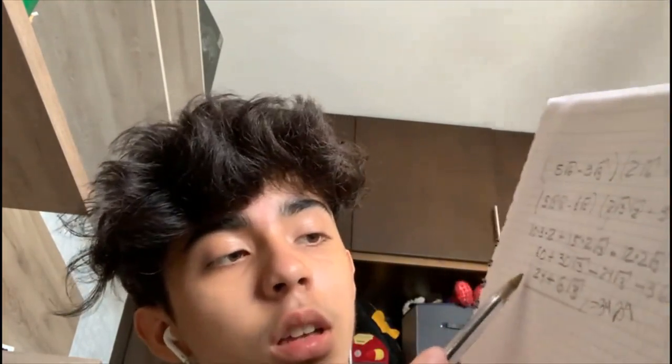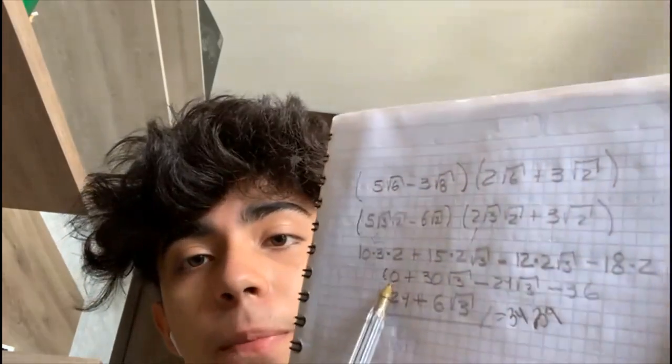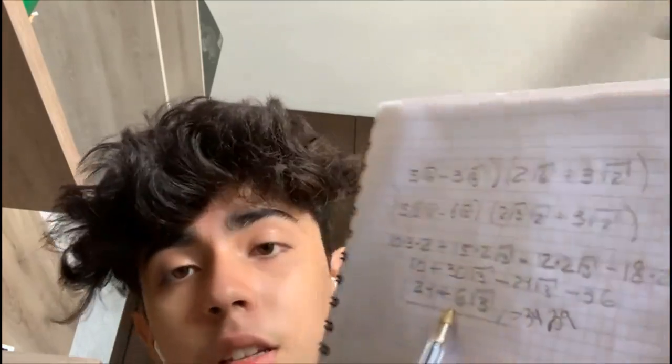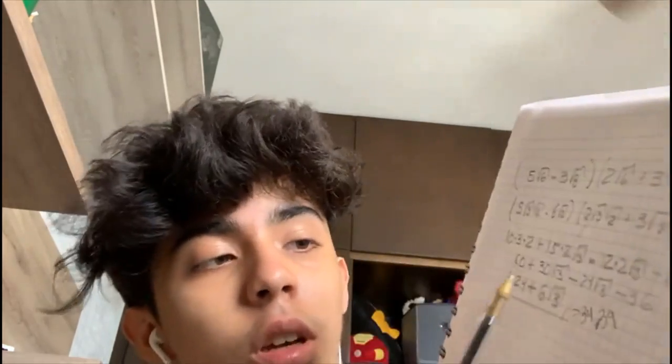So we subtract 60 minus 36, that is 24, and 30 minus 24, that is 6, and we just leave the square root of 3.